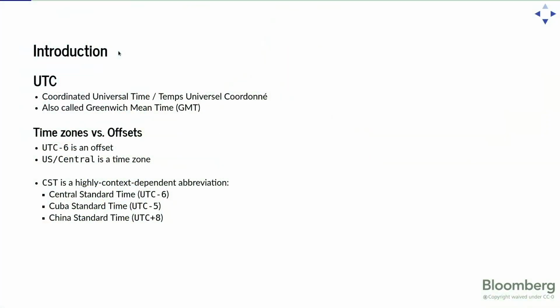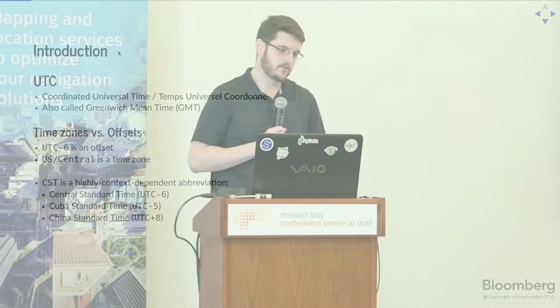So what is CST? Is that a time zone? Is that an offset? If you're being particularly precise, you could maybe call it an offset because it's UTC minus 6, Central Standard Time. But a lot of people use it to mean Central Time in general.